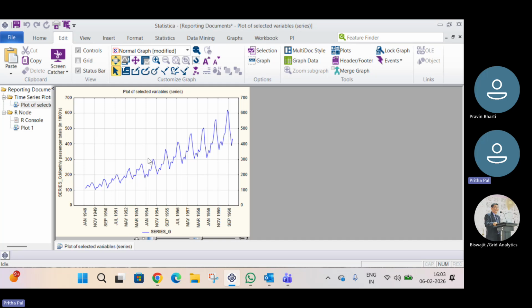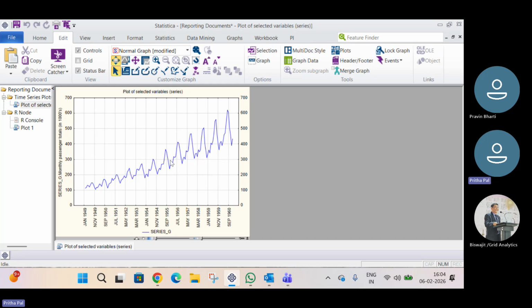Next, if we observe, the seasonal fluctuations increase as the overall level of the series increases. The height of every seasonal peak grows over time. Means the heights of the seasonal pattern from March 1953 to January 1954, the peaks are different from the next year.